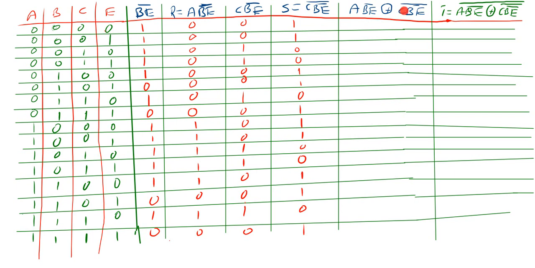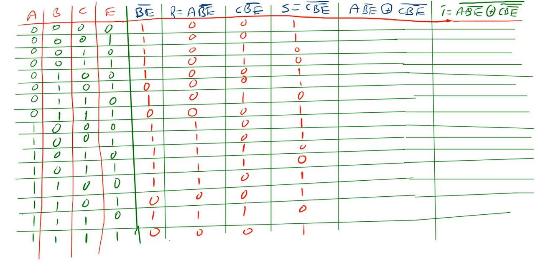Then the next expression, we are getting whatever we have gotten in S, and we are XORing with R. So this is R and this is S. And the XOR gate operates in such a way that if the inputs are at different levels is when you get a 1. And if they are the same, you get 0.